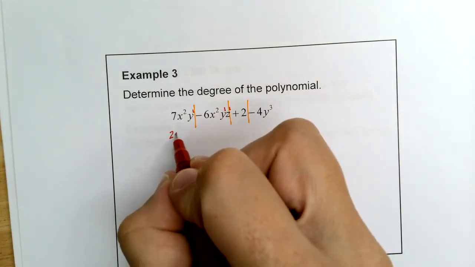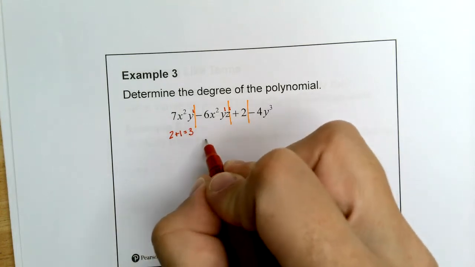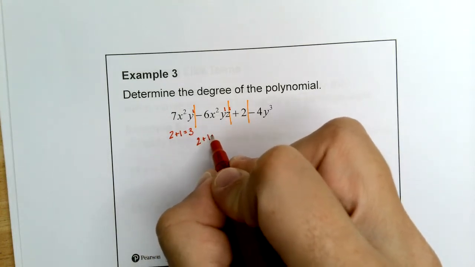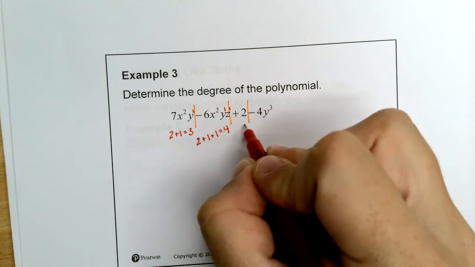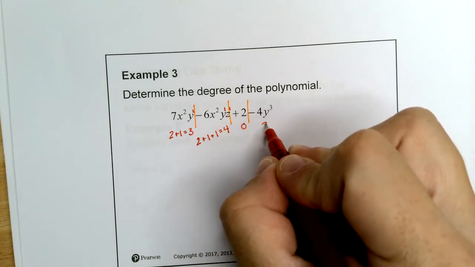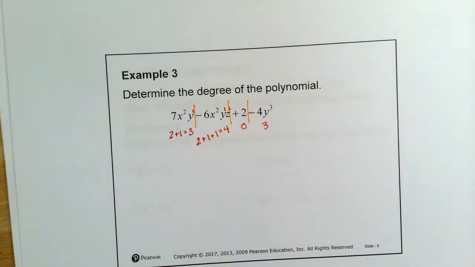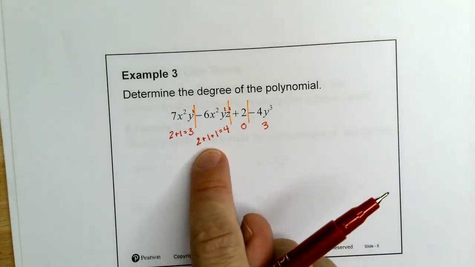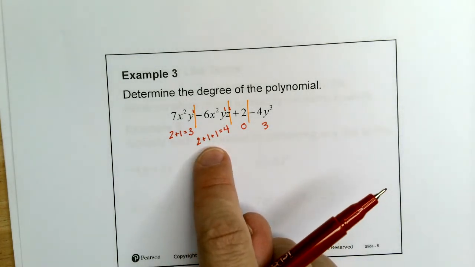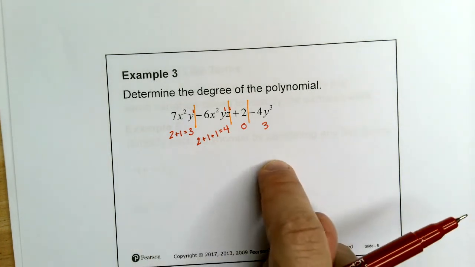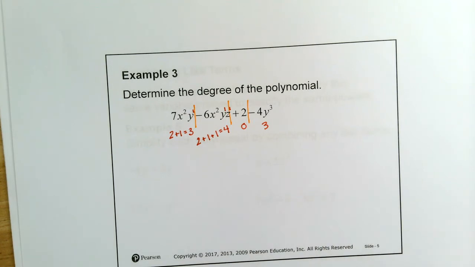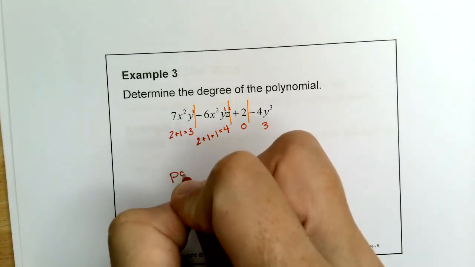So we have 2 and 1 is 3. 2 and 1 and 1 is 4. That's 0. And that's 3. Which one is the biggest? 4. So this is a polynomial, because after trinomial, we don't really label them anymore. We just say polynomial. So this is a polynomial with a degree of 4.